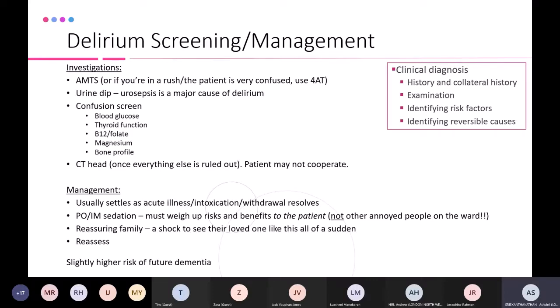If the patient's really causing harm and disturbance to everyone around them and harm to themselves, then you'd consider it, and always reassess them to see if they're improving or getting worse. And people, especially those who frequently end up delirious, are at higher risk of getting dementia in the future.